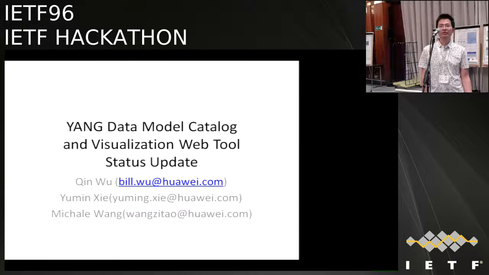So we need to figure out how these models relate to each other, and which model may depend on other models. So we came up with this model catalog information. This is basic information we can extract from the Yang models. We can figure out how this catalog information can help us link these Yang models together.